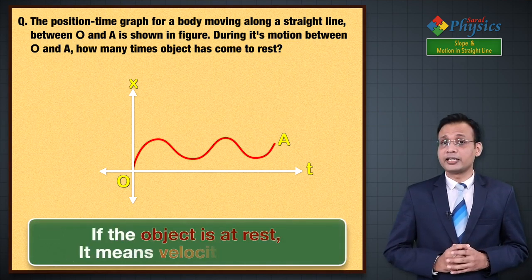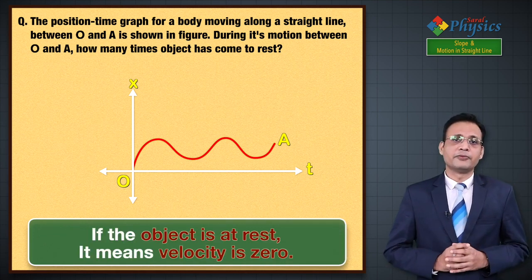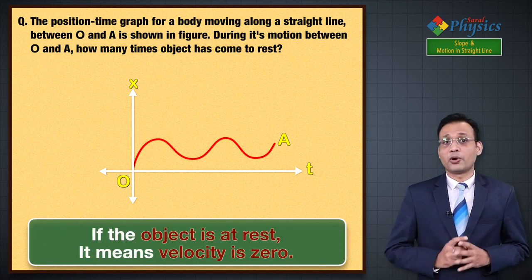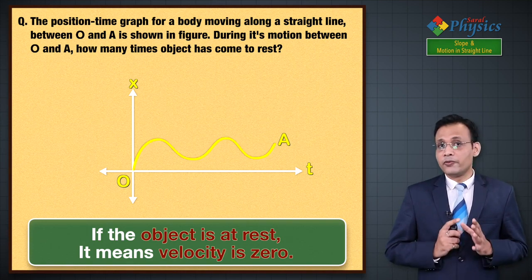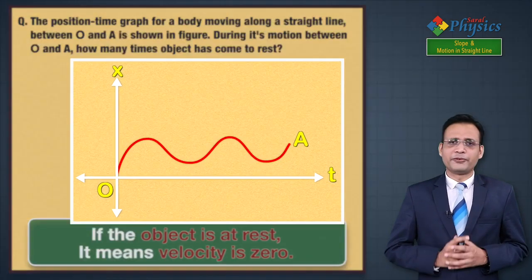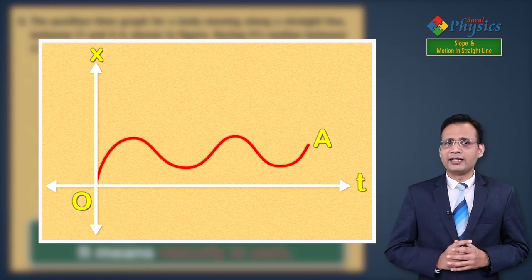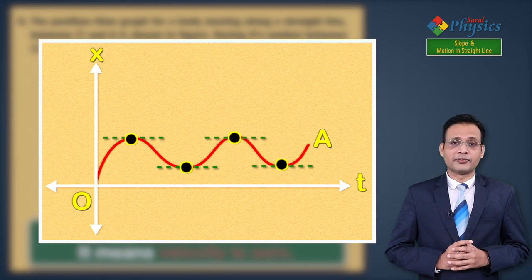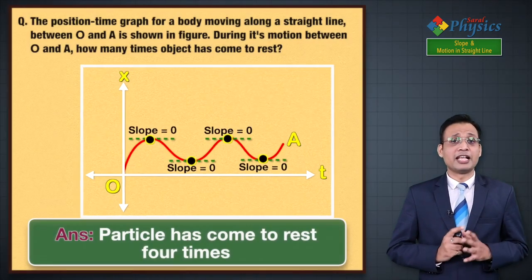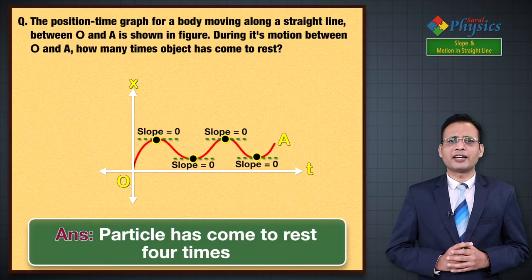So if the object is at rest, it means velocity is 0. So all we have to do is find those points on the graph where slope is 0. And if you look carefully, you will find that there are 4 points on this graph where slope of the curve is 0. Hence we can say that the particle has come to rest 4 times.